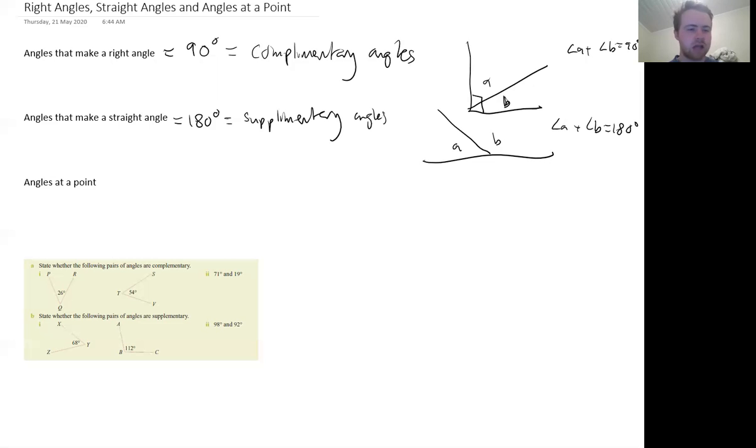And the last thing is angles at a point. Angles that are all coming out of the same point, branching out, will add up to 360 degrees, which is just a full revolution.